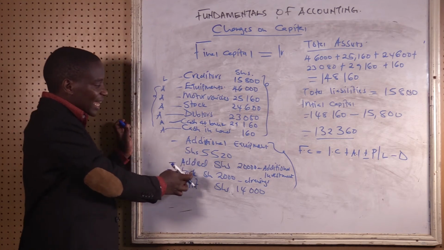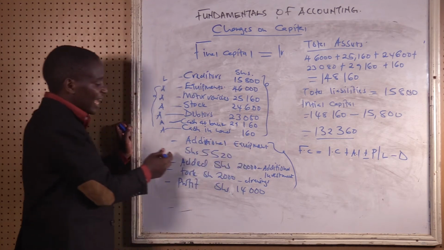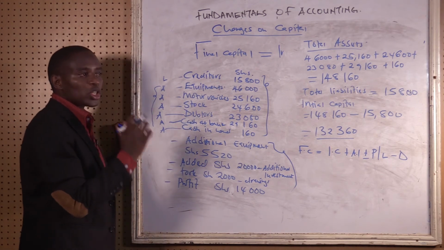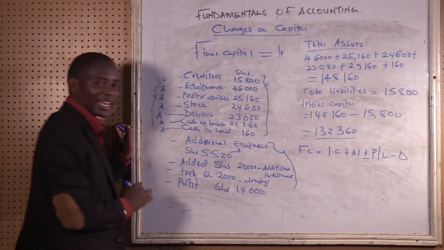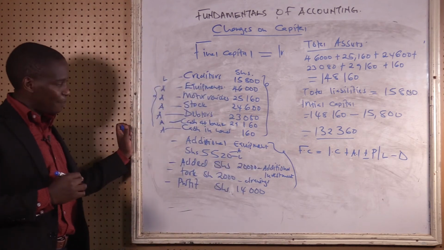So it means that there was additional equipment, and we have been told that this additional equipment was bought on credit. So in this case, we shall have an asset, and at the same time we shall have a liability.